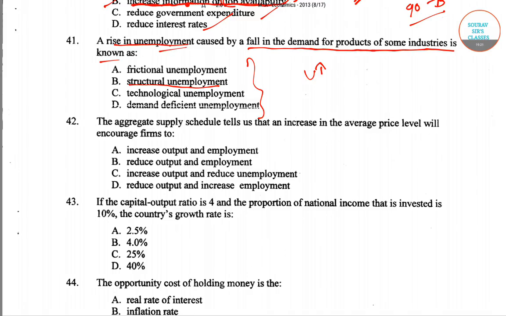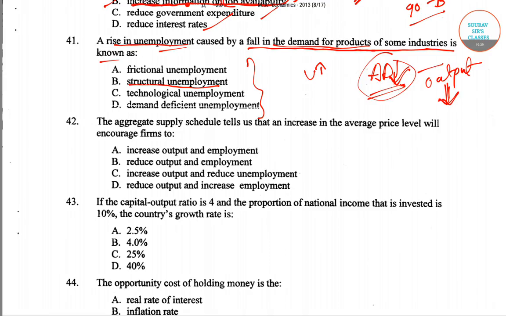When the unemployment is caused by falling aggregate demand, then the producers are likely to produce less output. So when aggregate demand falls, the output also falls.